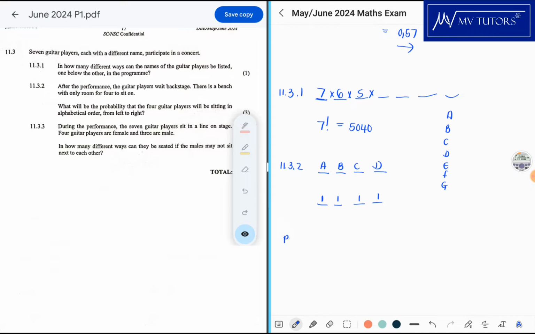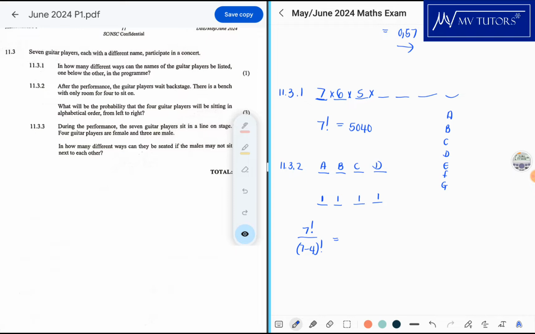So the probability then, what we need to look at is the total number of possibilities one could have here. So you have 4 out of 7, right? So on your calculator, you could say we have 7 factorial over 7 minus 4 factorial, okay?